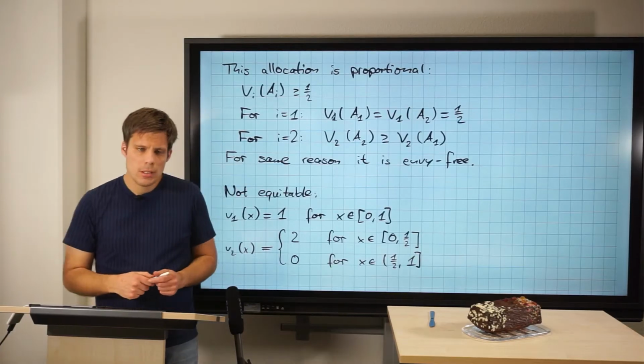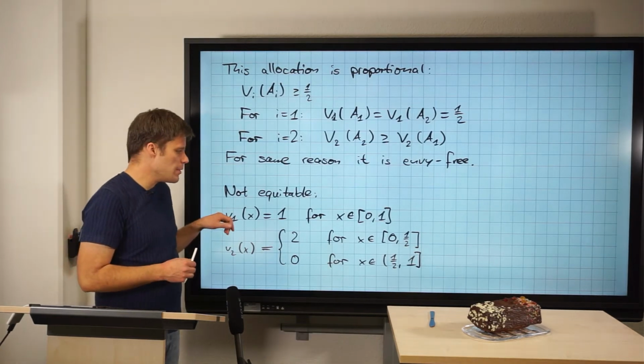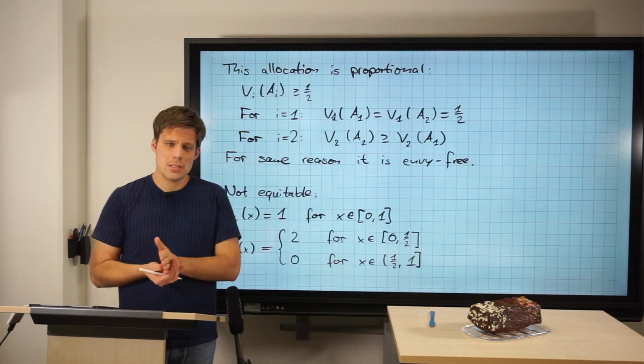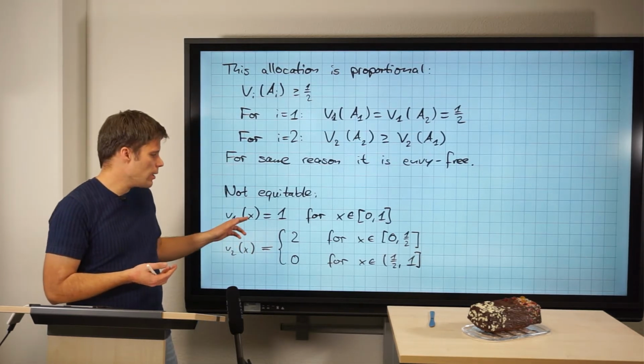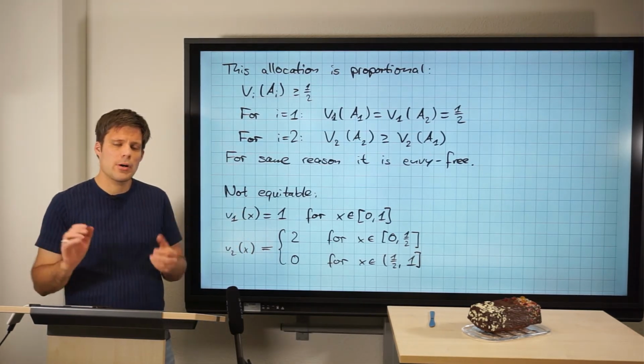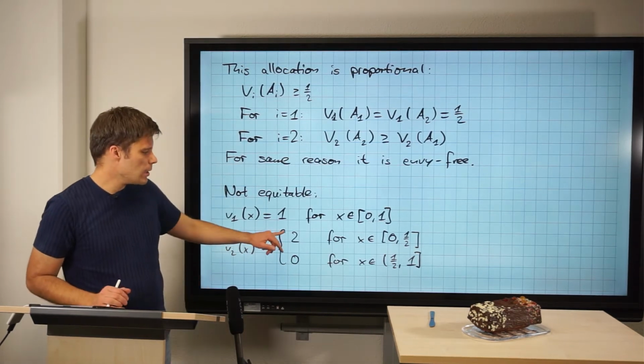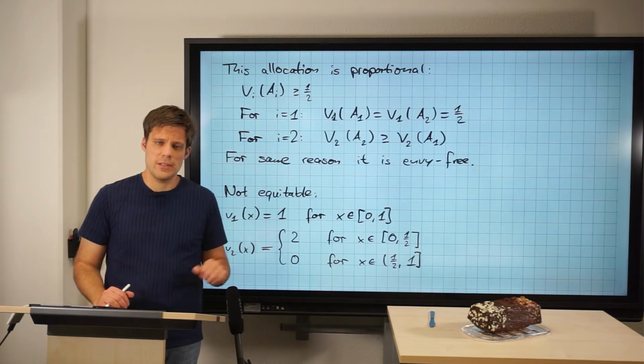What would the first agent do? The first agent would cut at exactly a half, because this makes it feel that both parts are valuable exactly the same. And then the second agent will choose the first of these two halves.